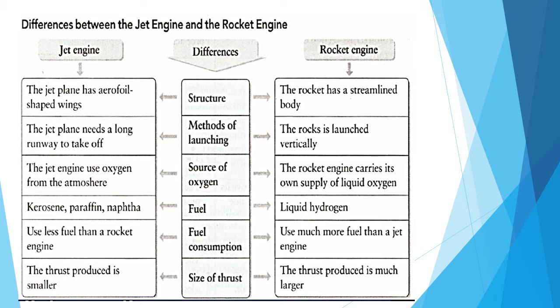The jet engine uses less fuel than a rocket engine, but the rocket engine uses more fuel than a jet engine. Okay, size of thrust. In the jet engine, the thrust produced is smaller, but the thrust produced in the rocket engine is much larger.